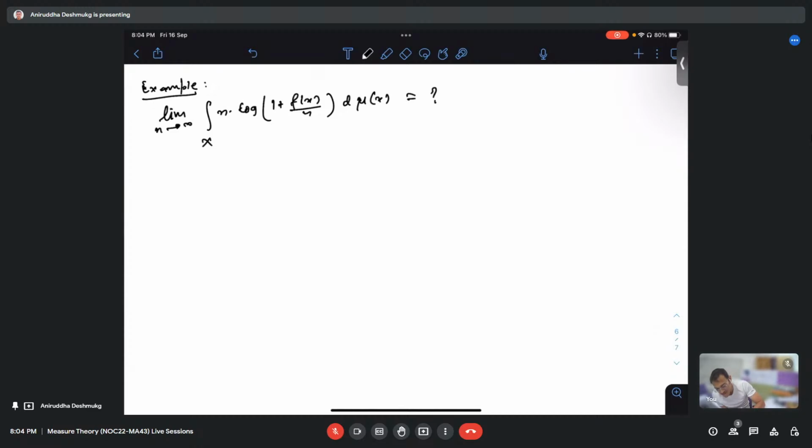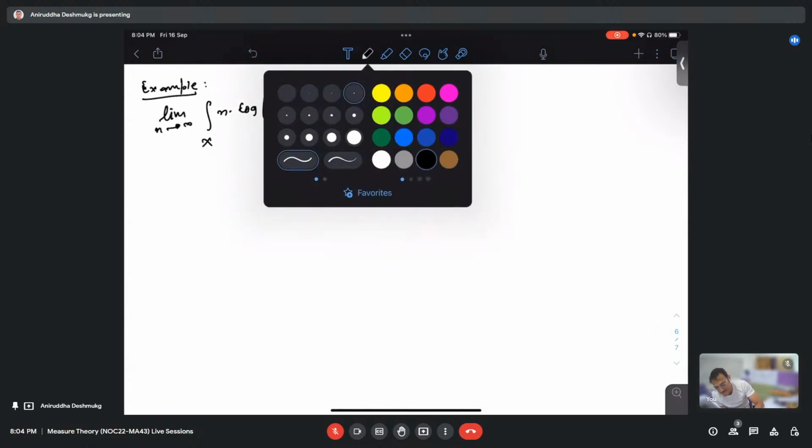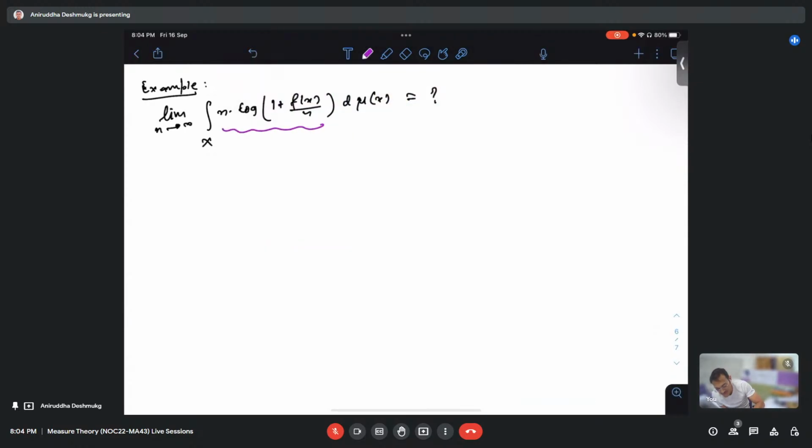To see this, first notice that this is a sequence of non-negative functions, because log of 1 plus something is positive, n is positive, so it is all positive.